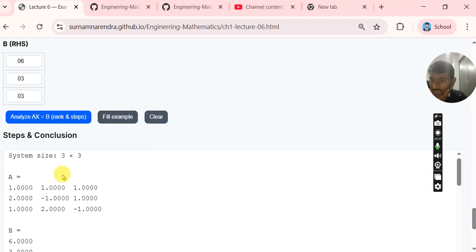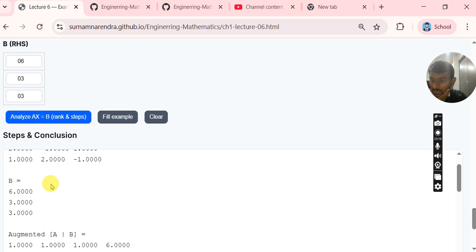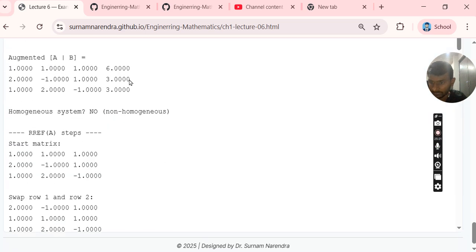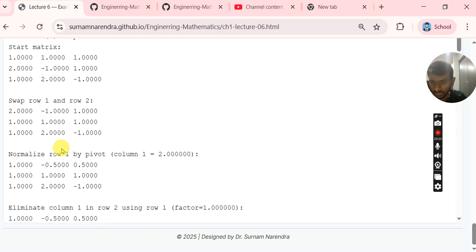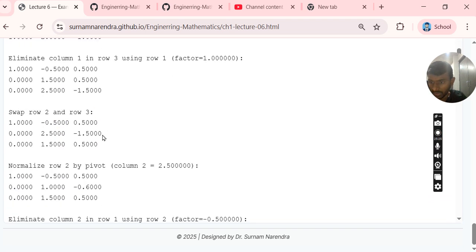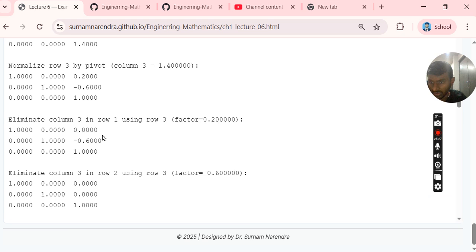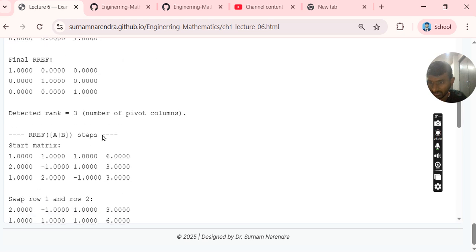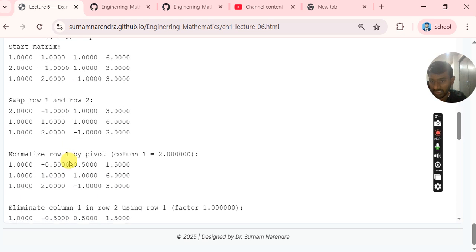Here you can see we have done different methods, but you will get rank 3 and a unique solution here.